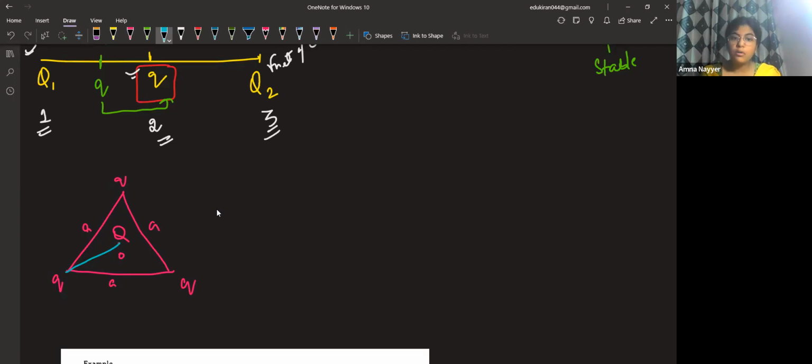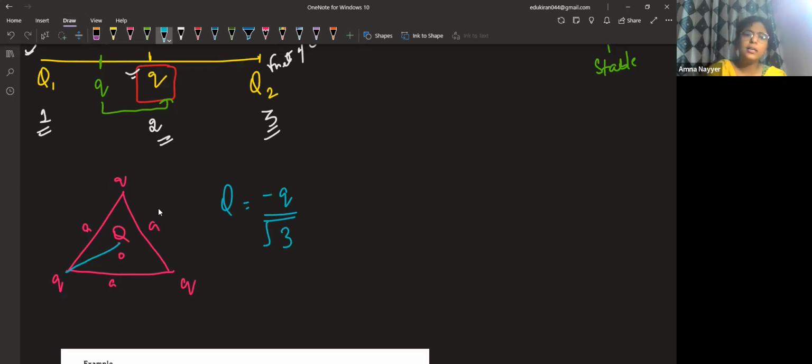So if now you are asked what is the value of this charge so that the entire system is under equilibrium, then your value will come out to be minus q by root 3. No need to remember this, you can solve it, but at least for triangle and square you can remember. Even if you do not remember, that's okay, you can anytime calculate it.